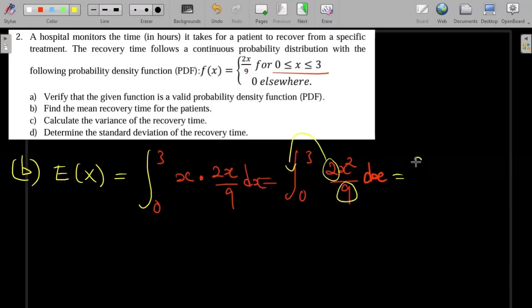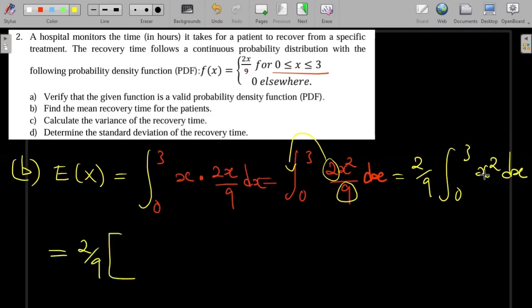So I'm going to have 2 over 9, and then the integral of 0 to 3 of x squared dx. Now I can integrate x squared. It will be x to the power 3 divided by 3, and I still have 3 and 0 as the limits there.